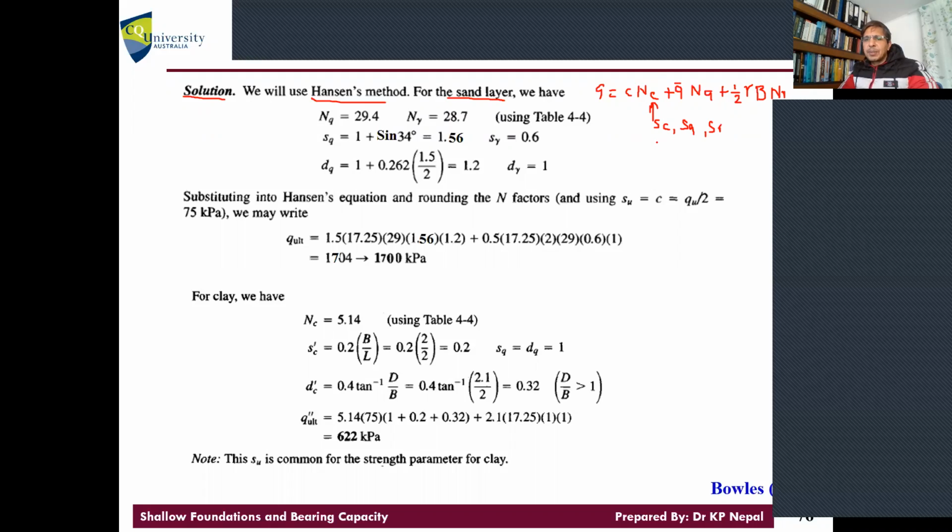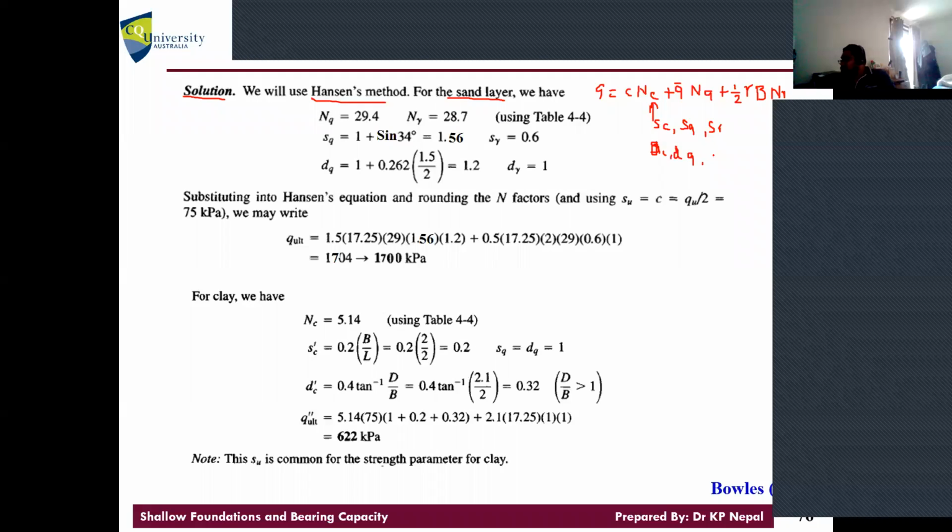We also need to correct for the depth, right? Depth correction is what we call Dc, Dq, and D gamma. But because this is the sand layer, there is no c value, so that term would be 0. Straightforward. So you don't need to calculate Sc or Dc because that's associated with c, so it's 0.